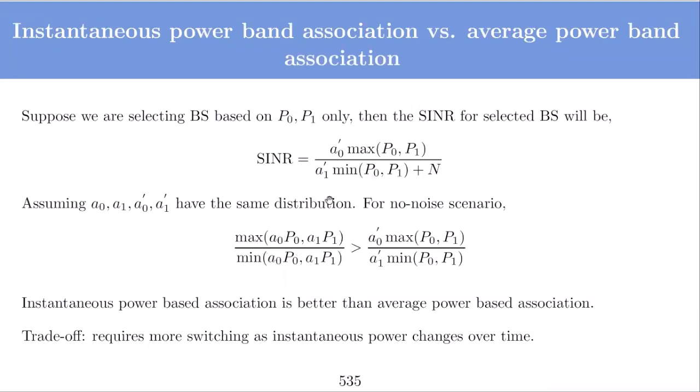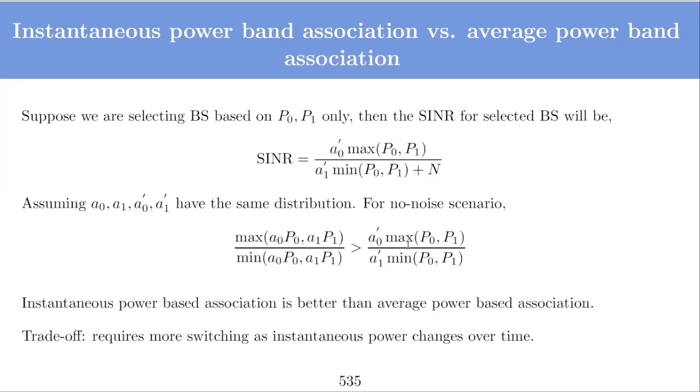This is the SINR. So let's ignore noise for now. For the instantaneous case, you want to compute the maximum of the two terms divided by the minimum of the two terms, and then for average power, you want to compute the maximum of P0, P1 and the minimum of P0, P1, H2. Right? It is clear that although the left hand side always guarantees that you select the maximum of the two, in the right hand side there may be cases when you do not select the best of the two assigned power.